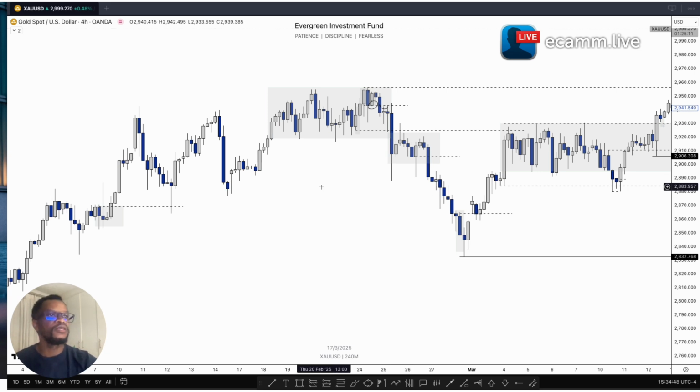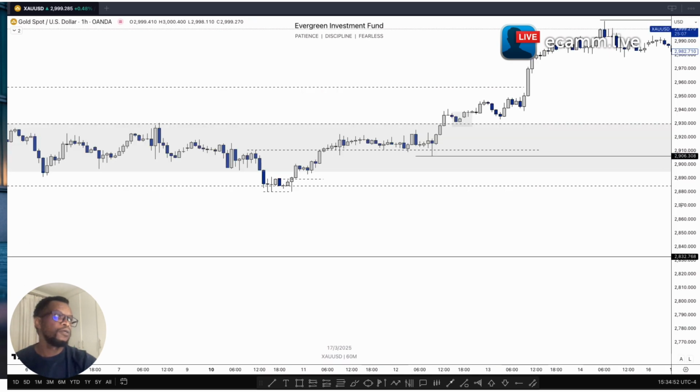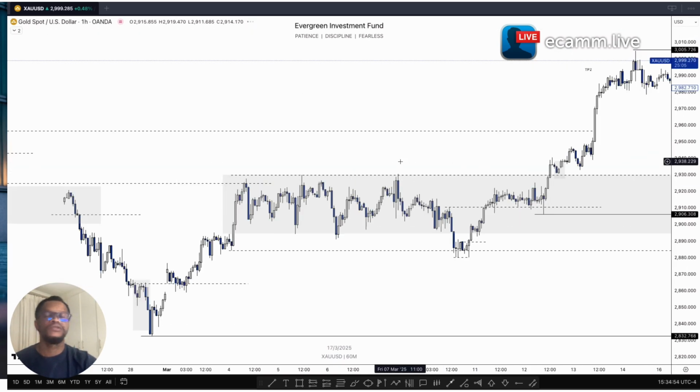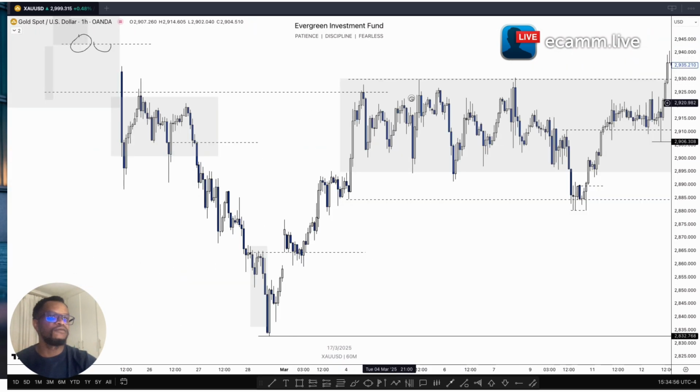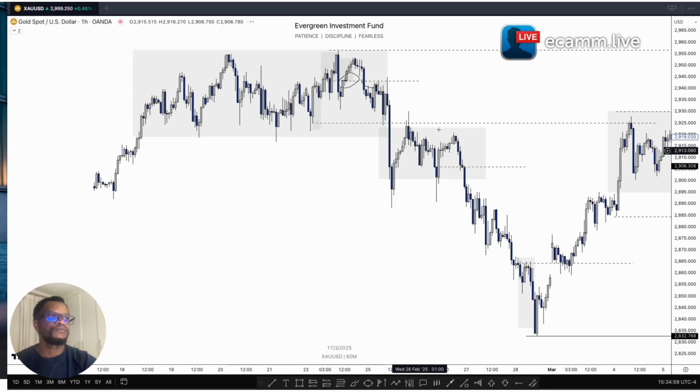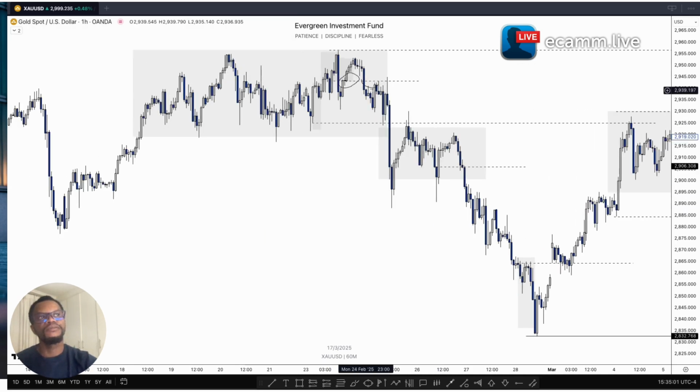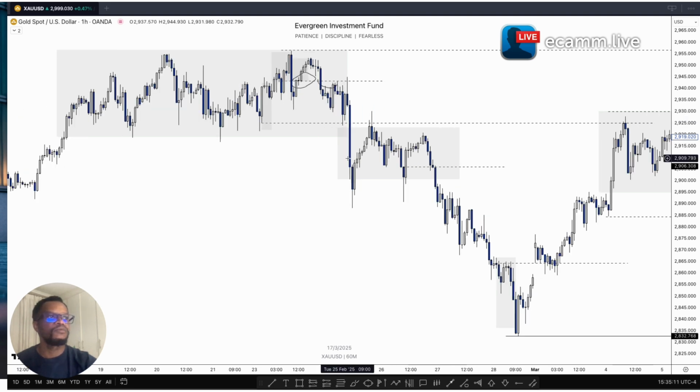But the thing is, with supply and demand, I'll just go on the lower time frame. I just want to prove something to you. Usually with supply and demand, you get a breakout, price will move for a bit, and then come back into the supply zone. Whereas with support and resistance, it's a break, retest immediately, and then move.